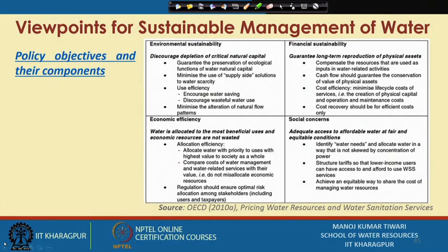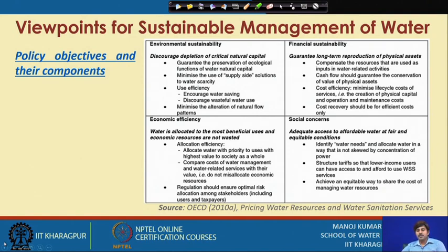Water should be saved as much as possible, and this way it minimizes the alteration of the natural flow pattern. Your natural flow pattern should not be altered too much. The river is best in its pristine state, so attempts should be made towards maintaining that state.